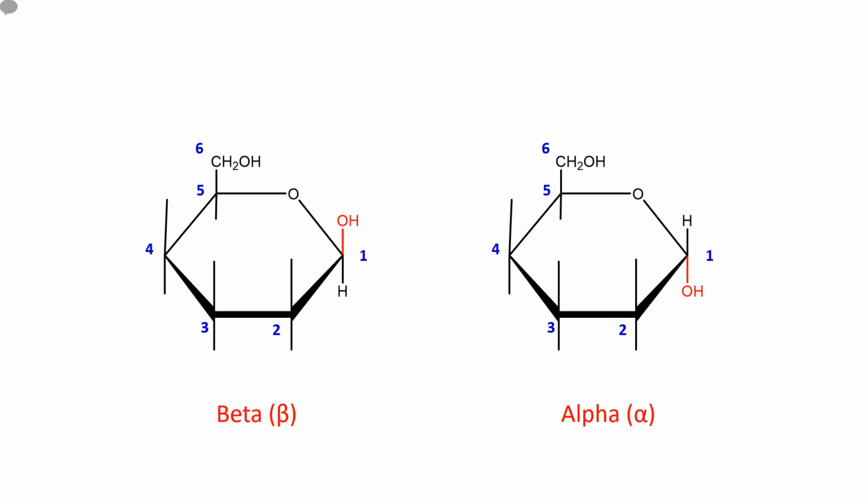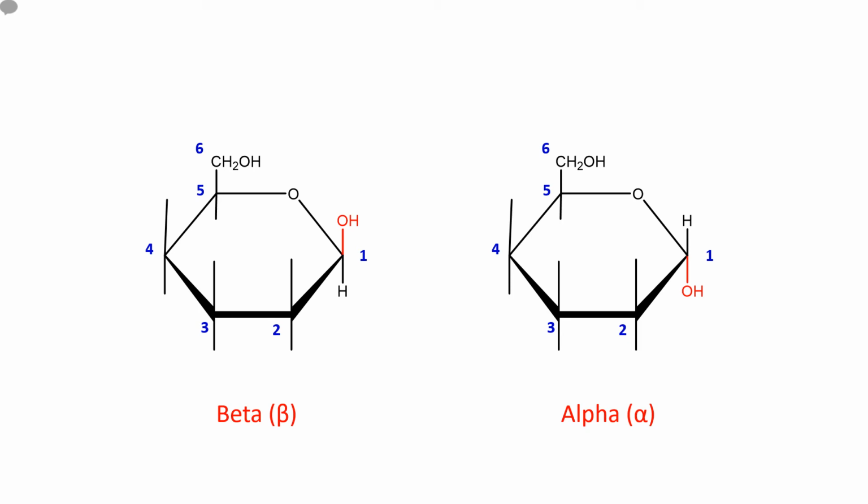Carbon 6 will always stick up out of the ring for D sugars. And so remember, trans means that they're on opposite sides. So since carbon 6 is sticking up, in an alpha anomer, that hydroxyl on the anomeric carbon has to point down, as shown in red on this slide.